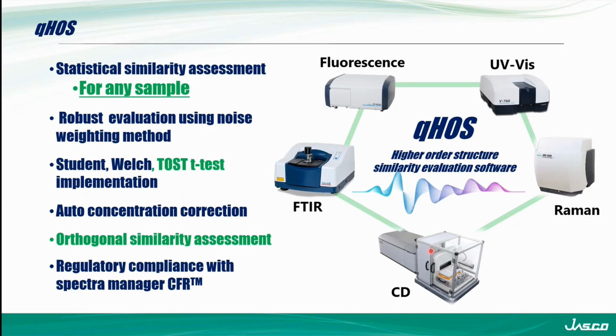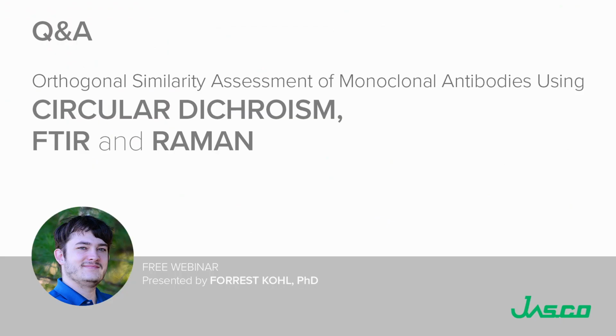So we can employ all of these different spectroscopic methods, which we sell in-house at Jasco, and wrap them all up nicely in this qHOS package, so that once somebody learns how to use one of these instruments, the software is very similar between each of these, so they can get a general feel of the layout. And then the statistical analysis package is exactly the same between all of these instruments. So once you learn one, you've learned how to use any of these techniques, at least from the software end.